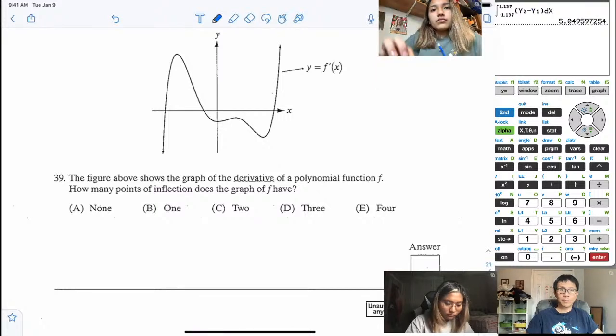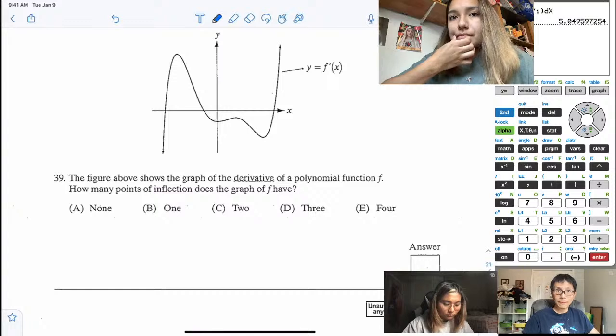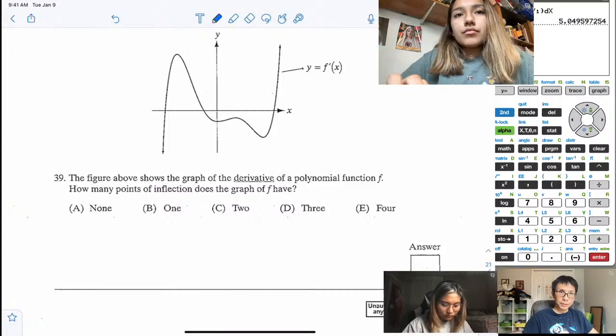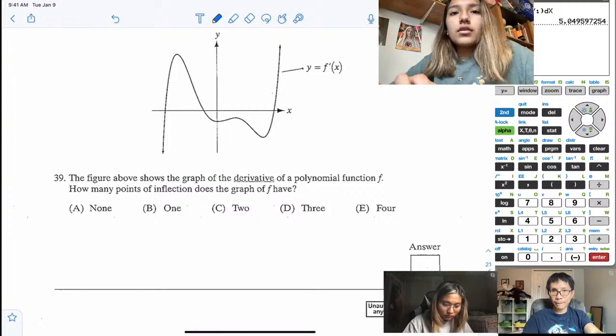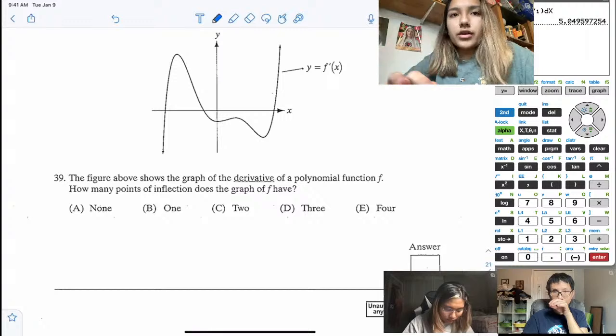The figure above shows the graph of the derivative of a polynomial function. How many inflection points does this graph have? So this is f prime of x. How many inflection points do you think it has? This is actually a very good question. Start with Ariana. What do you think?